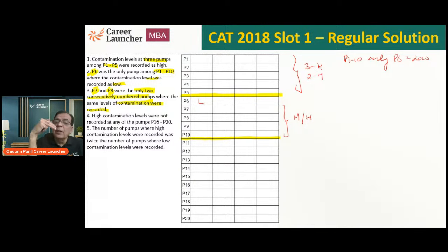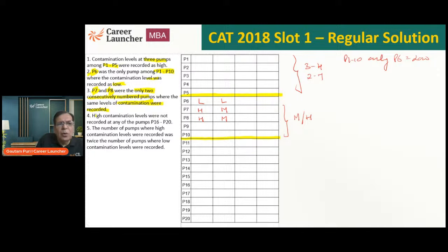If a particular pump is low, before and after will not be low. If a particular pump is medium, before and after will not be medium. So only 2 consecutive pumps can have the same level, which are P7, P8. What can they be? Either both high or both medium. So even if you are doing the regular solution, please start making multiple cases parallelly.